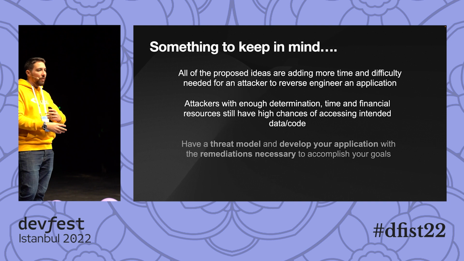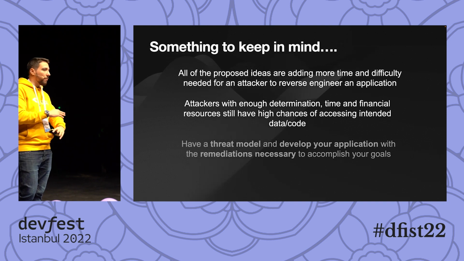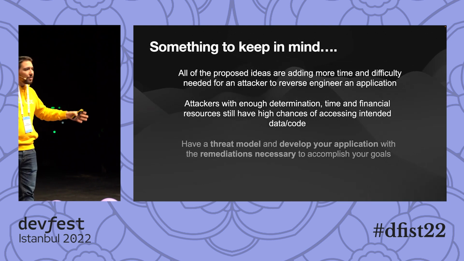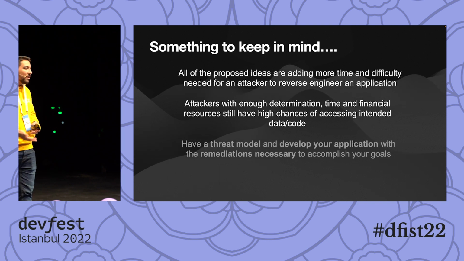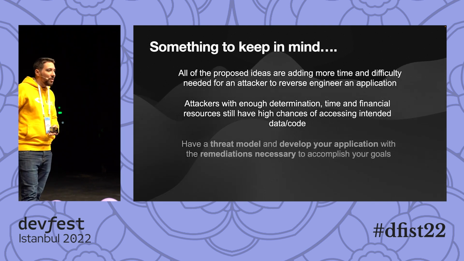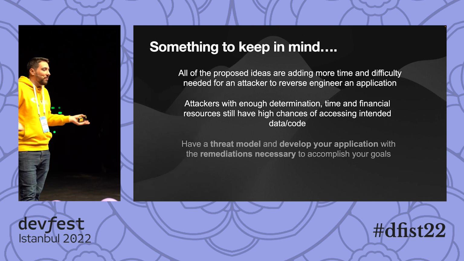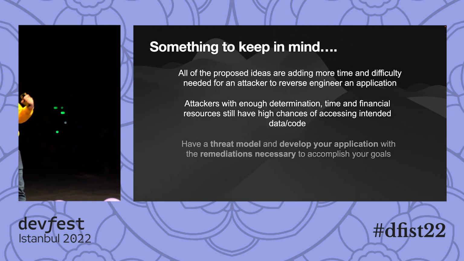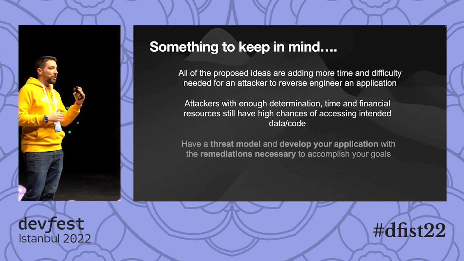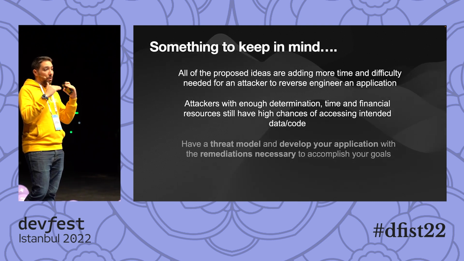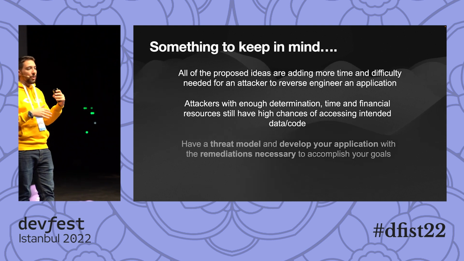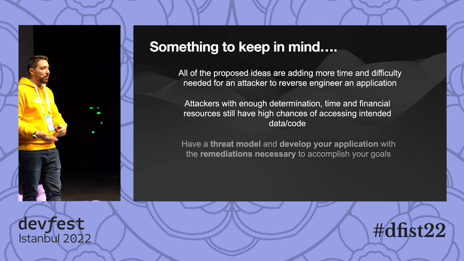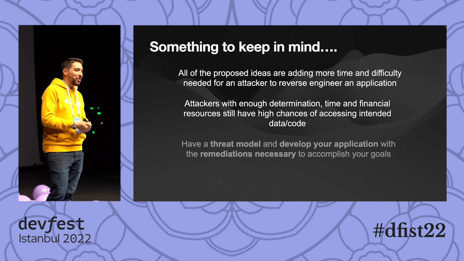Because even if you have the most advanced 512-bit encryption and everything, if the key is hard coded into your application, then it doesn't matter. It's all the same. So it is up to you to find the best balance for your own application, what works better for what you want to accomplish, and then work with that. There's not just one golden path to a solution.